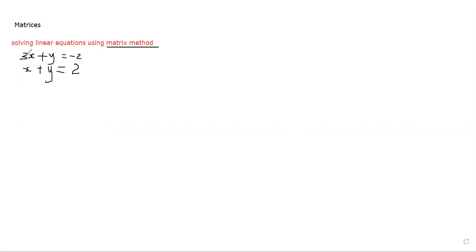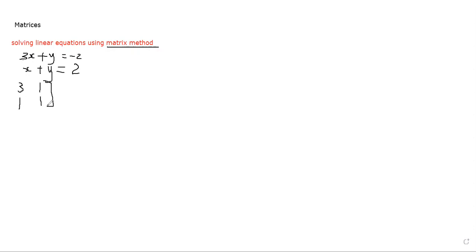The first thing, we write the coefficients of x and y down. So we write 3 here, the value that is close to x, for the first line. Then close to y, we have 1y, so just write 1. Down, you write 1x, so 1, and then y there 1.